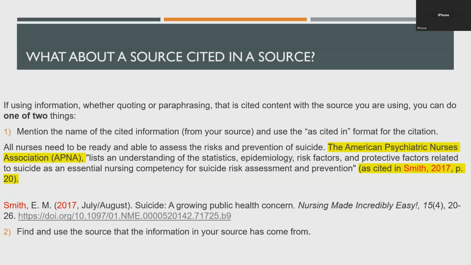Because you read Smith, that's where you got your information from, you would cite Smith. So yeah, that's a great clarifying question. Because Smith was where I got my information, that's who I reference. I do not need to reference the American Psychiatric Nurses Association because I didn't actually read that source. Gotcha, thank you.